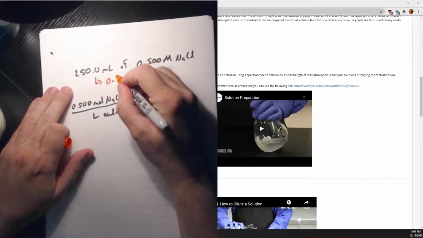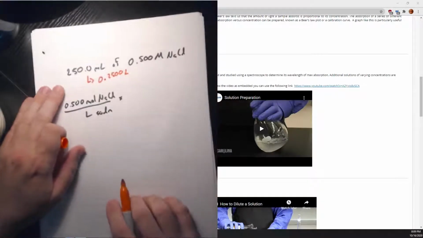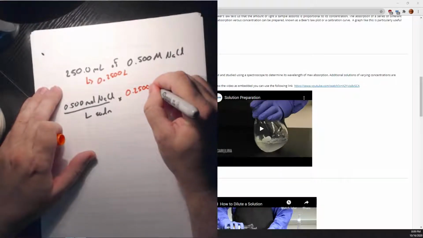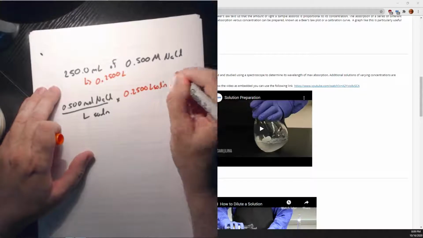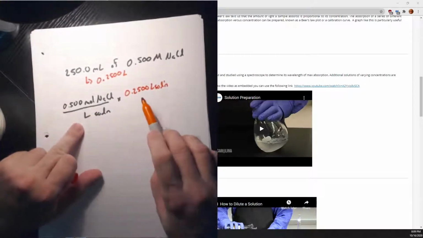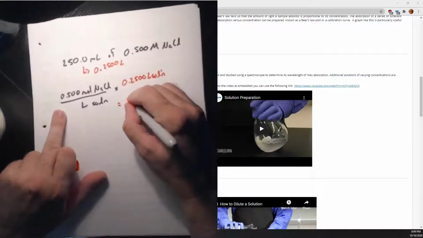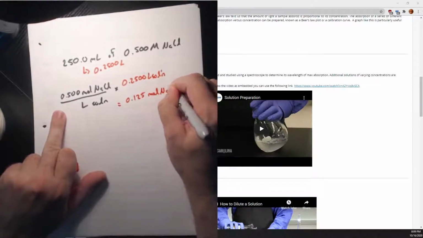So 250 mils is 0.25 liters. Okay. So 0.2500 liters of solution. So 0.5 moles per liter, we have a quarter liter total, means that we need 0.125 moles of our NaCl.